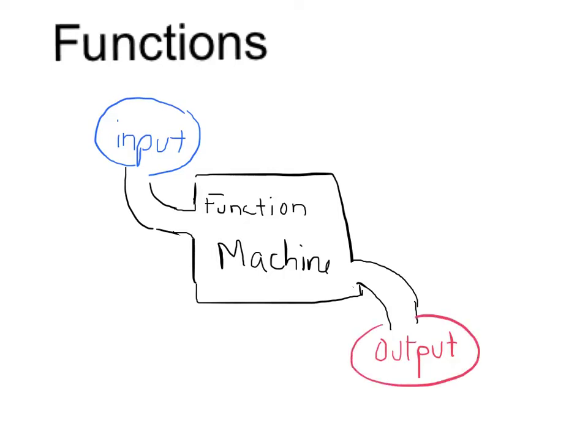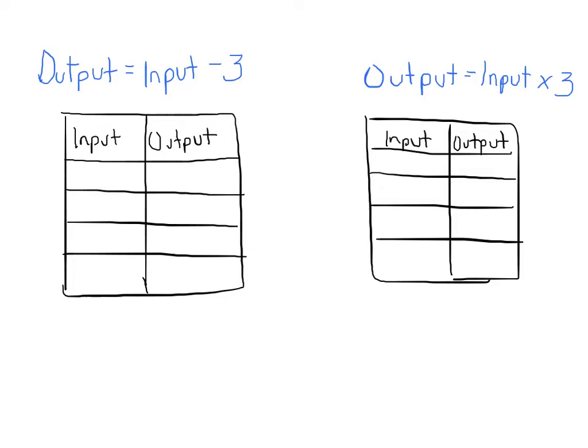So let's look at an example. For these first two, I'm going to go ahead and show you what the rule is. For example, I have an output equaling the input minus 3. So if I start with an input of 6, my output will be 3 less, in other words, 3.